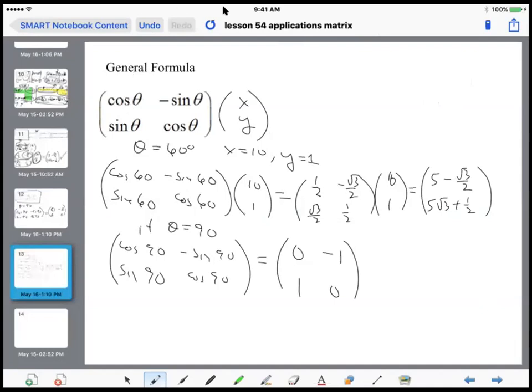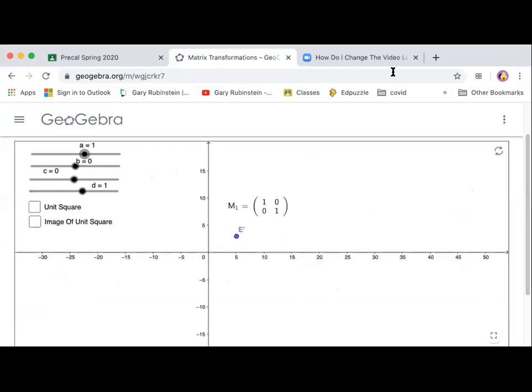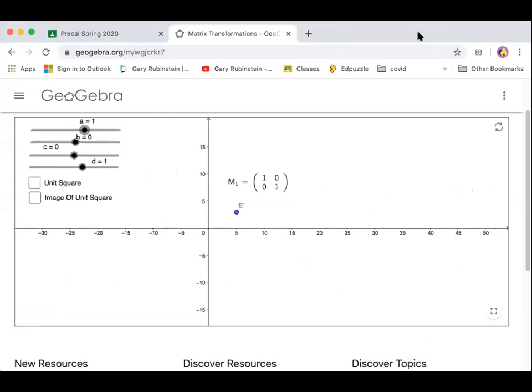Okay, I have one quick thing to show you. In the class page, one of the resources is a Geogebra Collection, and here you have this point E that you can drag around, and here I have this matrix M, and 1, 0, 0, 1 doesn't do any transformation, but it's fun to mess around by changing these sliders.